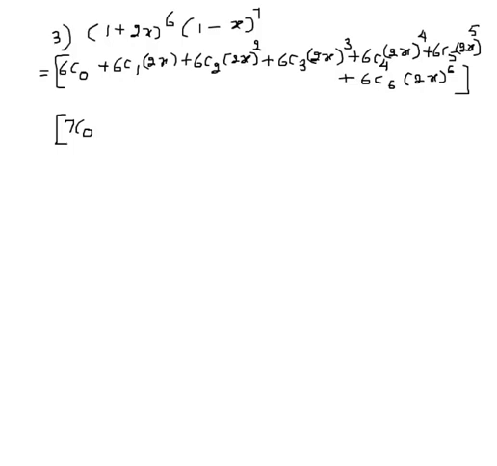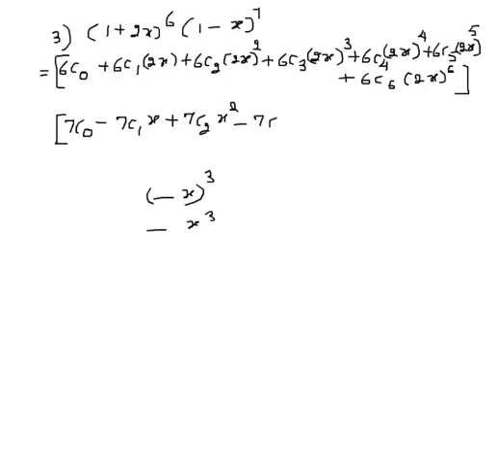7c0, 1 power 7 is 1, minus 7c1 x. It is minus x, that minus sign I have written here, plus 7c2 x square, minus x the whole square will become plus. And then third term will be negative because minus x the whole cube becomes minus x cube.